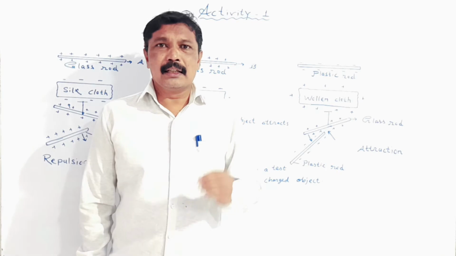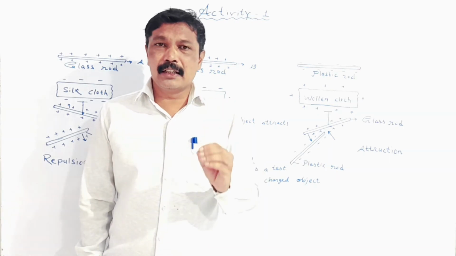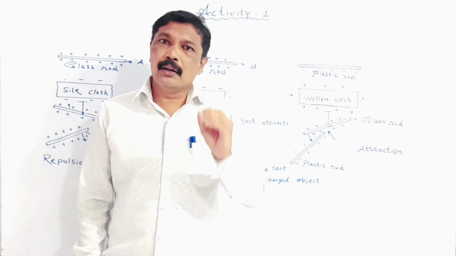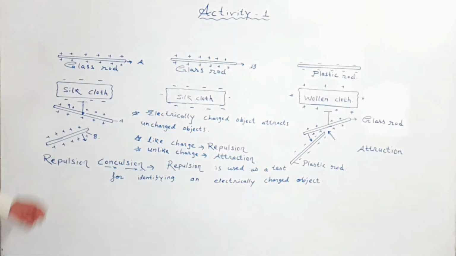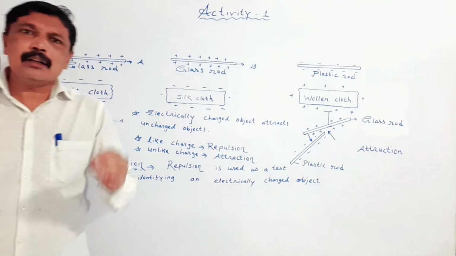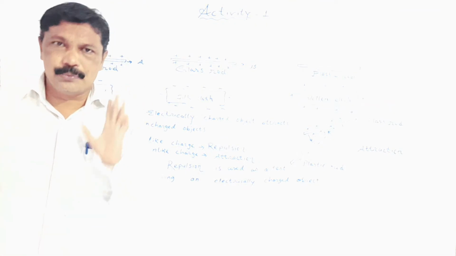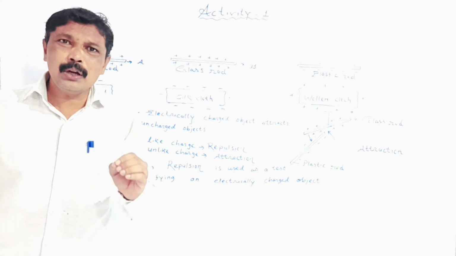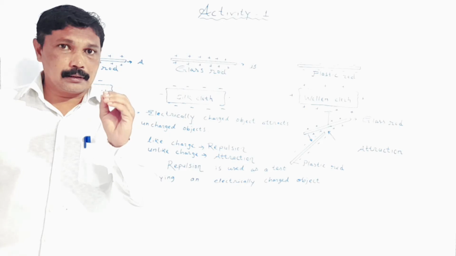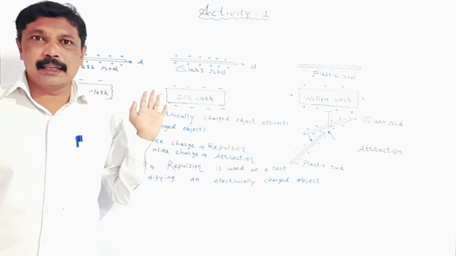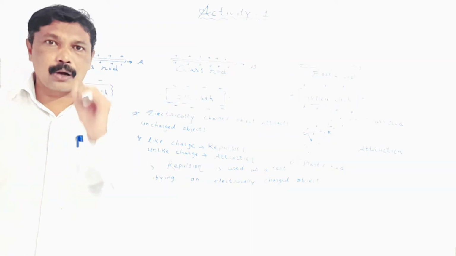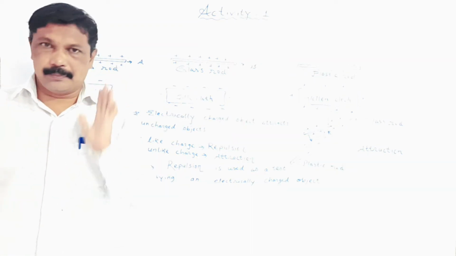My dear student, in this activity we will generate charge upon a neutral object. Here we have taken a glass rod, and this glass rod is a neutral object because the positive charge and the negative charge present on the glass rod are the same.